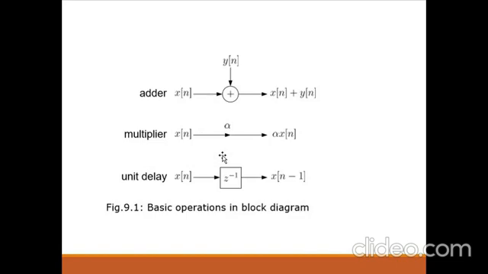The adder adds the output and the input, the multiplier just multiplies the signal, and the unit delay is the most important part, which adds some delay, or Z transform, to the signal.